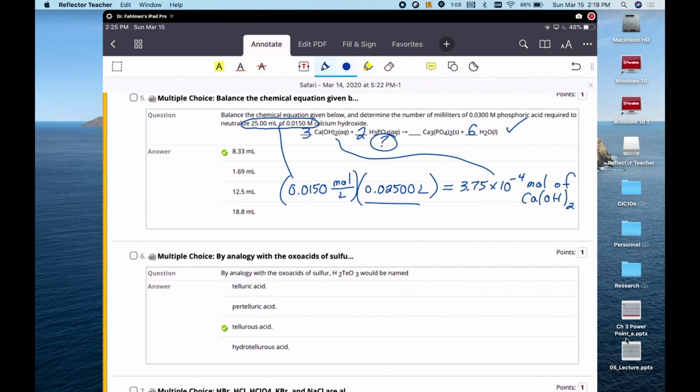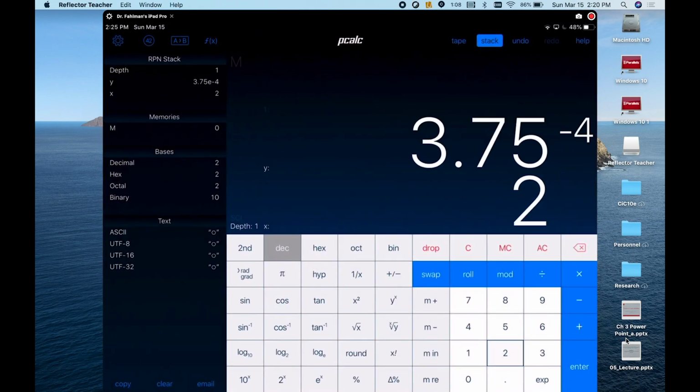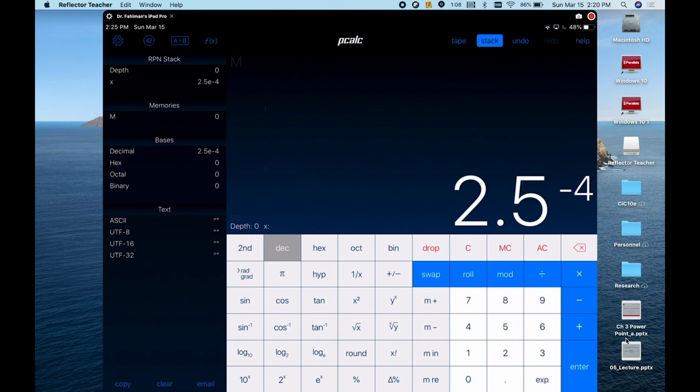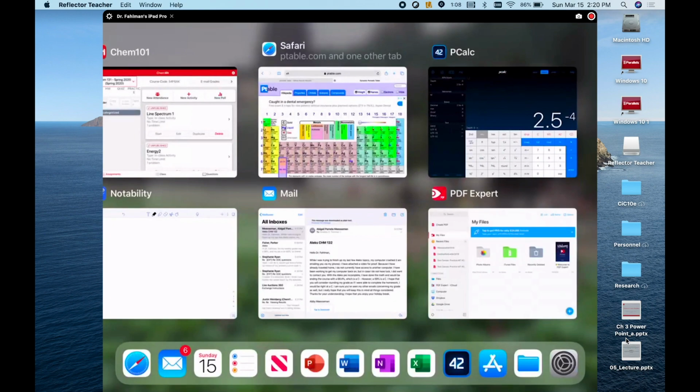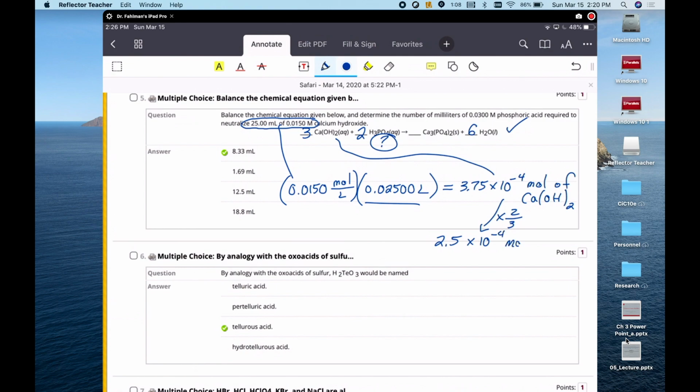So we have to divide by 3, multiply by 2, or in other words, you multiply by 2/3. So times 2 divided by 3, and that's 2.5 times 10 to the minus 4. And now that is moles of phosphoric acid.